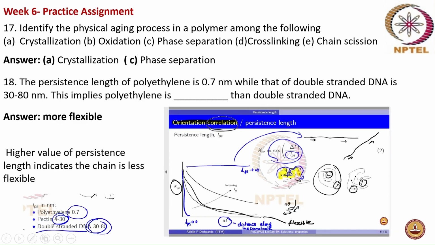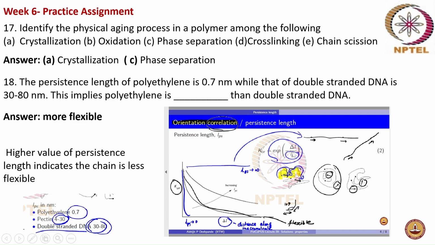So it has an exponential correlation, right? So when the persistent length is small, your correlation falls off. When Lp tends to 0, this is an exponential relation for correlation. When the persistent length is very small, like 0.7, here it approximately becomes 0.